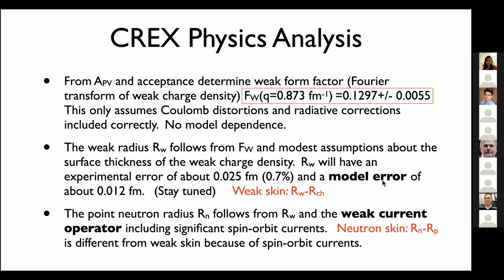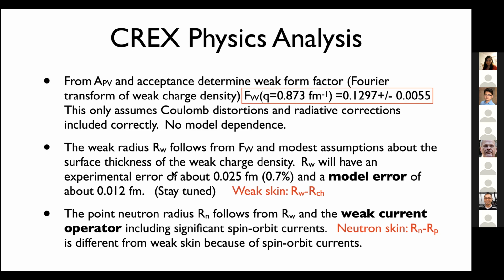So we estimate the model error is going to be something like 0.012 Fermis, so significantly smaller than that error. So stay tuned. We're working on this, and we want to ensure that our procedure for extracting the weak radius is as robust as possible.